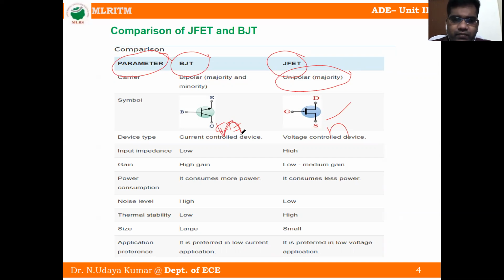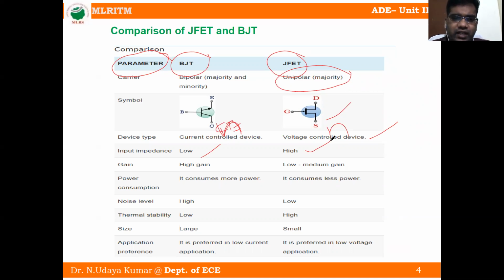Next, device type. BJT is a current-controlled device. FET is a voltage-controlled device. Why voltage controlled? The output current is controlled by varying the input voltage. Input impedance is very low in BJT, whereas FET has very high input impedance, and because of this FET has many advantages.